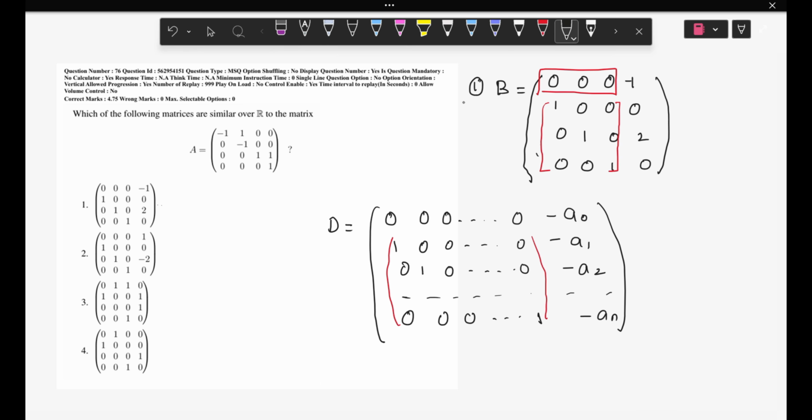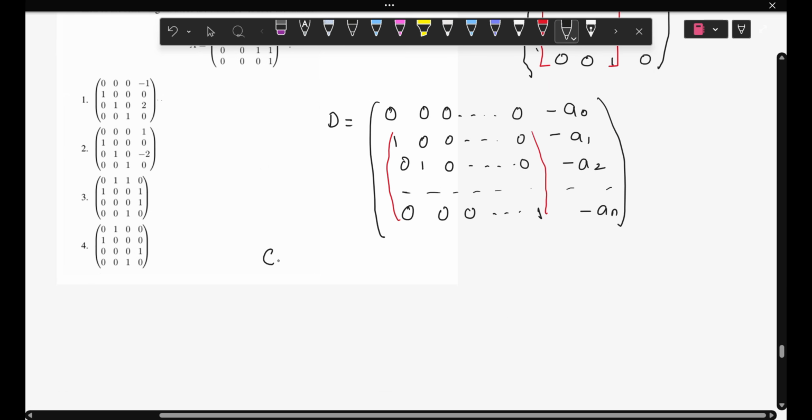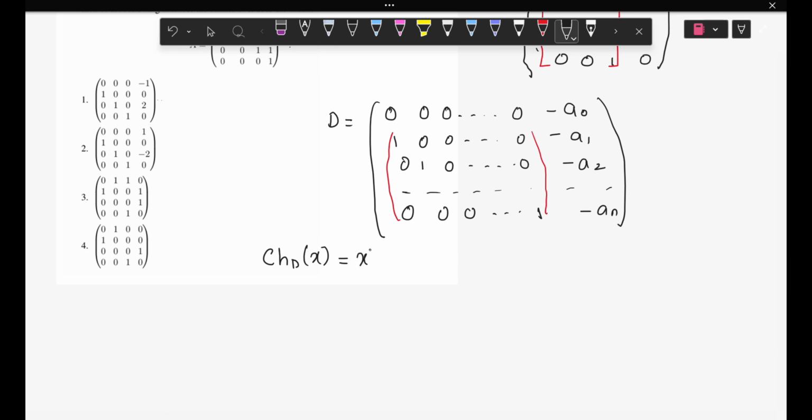Now the characteristic polynomial of the companion matrix D is first x to the power n, then an minus 1 times x to the power n minus 1, then an minus 2 times x to the power n minus 2, and in such a way it ends with a0. So this is the characteristic polynomial as well as the minimal polynomial of the companion matrix.